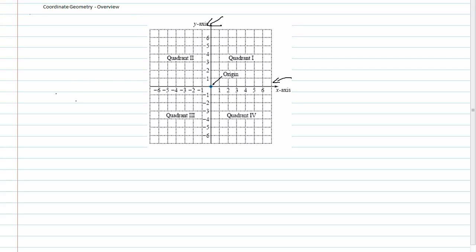Both x and y axes intersect each other at a point called the origin, as you can see on the figure. At this point, they intersect each other at a 90-degree angle, meaning that they're perpendicular to each other.